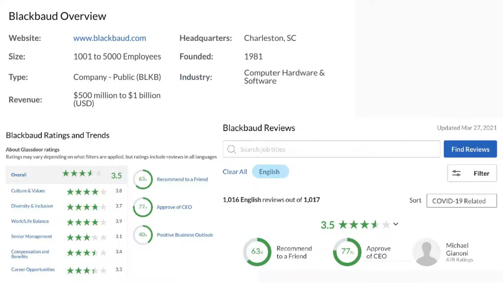They also have 3 interesting questions that they ask everyone that you don't have to answer, but a lot of people do: would you recommend working there to a friend? Do you approve of the CEO? And what's your overall business outlook?